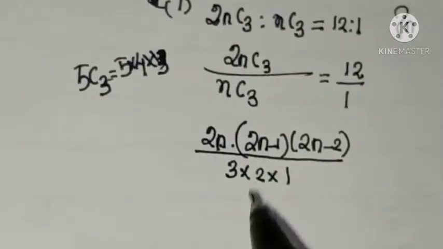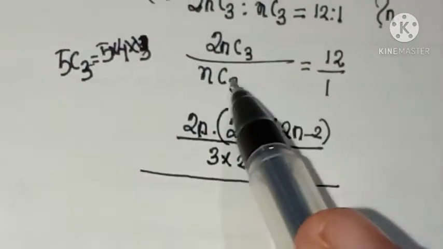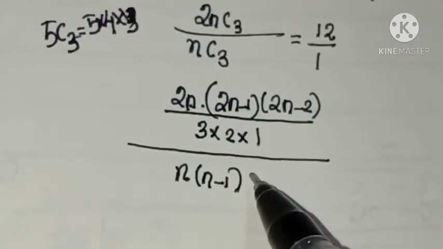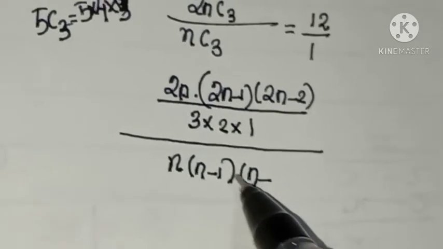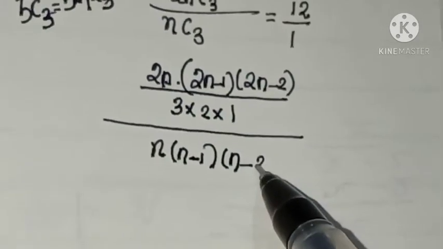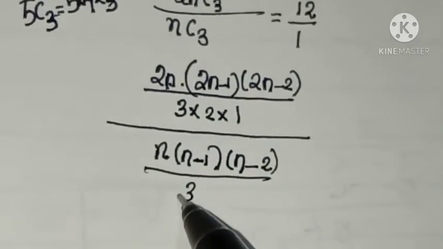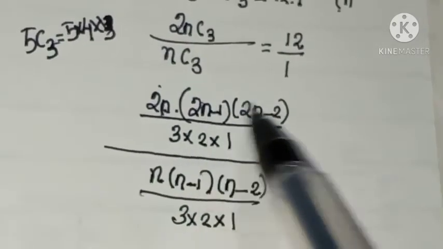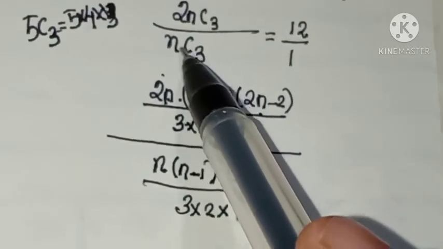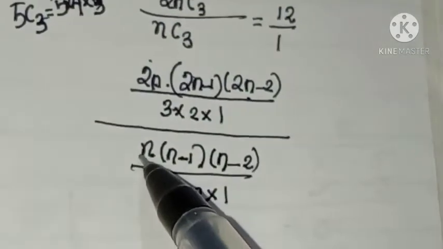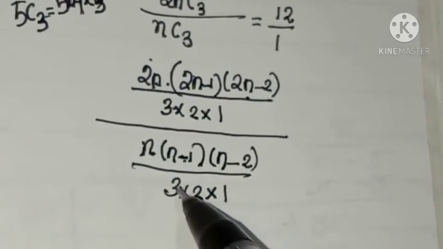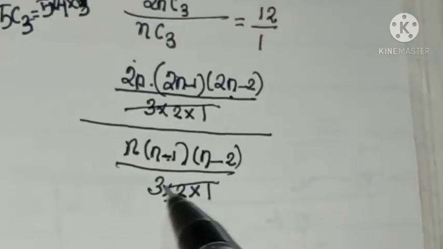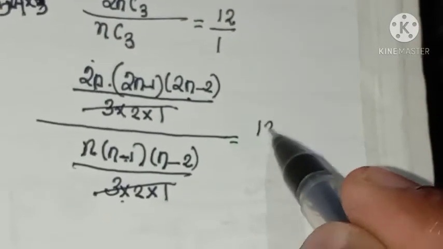Then nC3: n, then decreasing 1, n minus 1, then n minus 2 by 3 into 2 into 1. Is that clear? Here also 3 numbers we need to write. So here we can cancel 3 into 2 into 1, equal to 12 by 1.